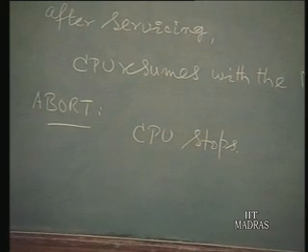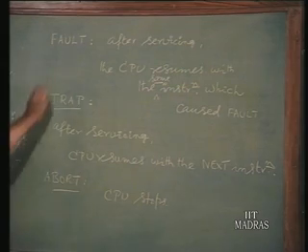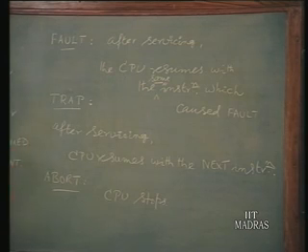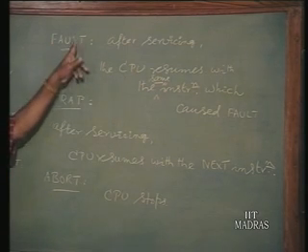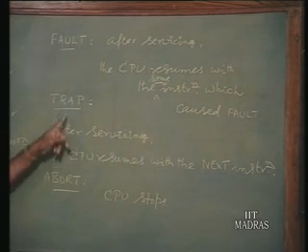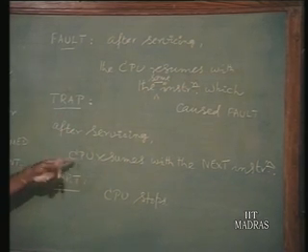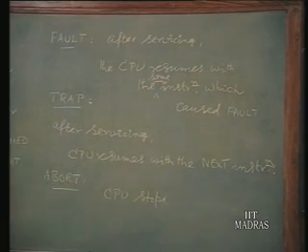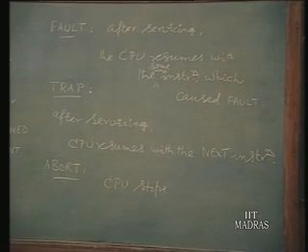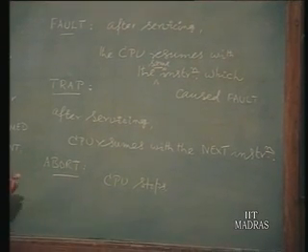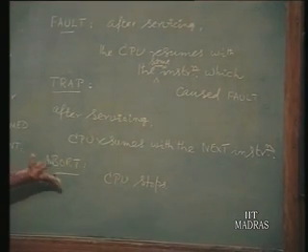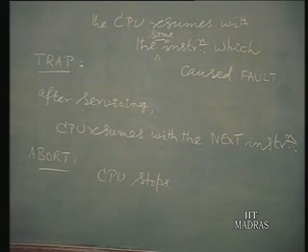That is, it is not like a fault where some corrective action can be taken and we can proceed. It is not like a trap where the current instruction can be executed and then we can proceed with the next instruction. Here the CPU cannot proceed any further because of the situation, right. There is no correction that is possible.